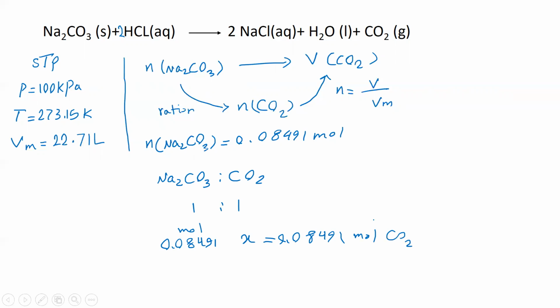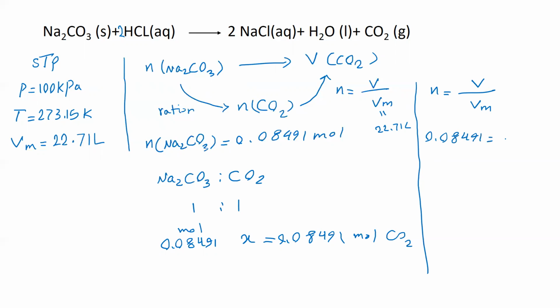Now, because the condition is STP, I know Vm in this condition is equal to 22.71 liter, and I have the number of moles. So I substitute the numbers: 0.08491 equals V over 22.71.